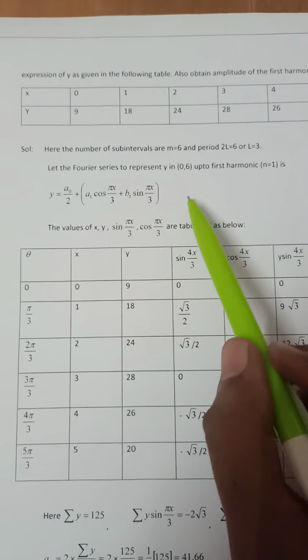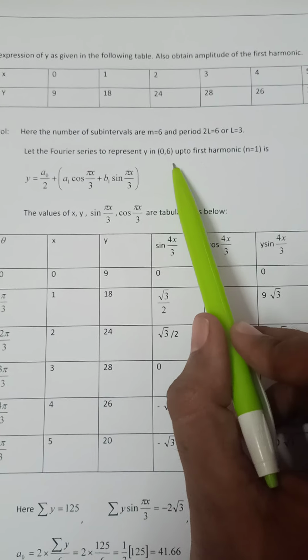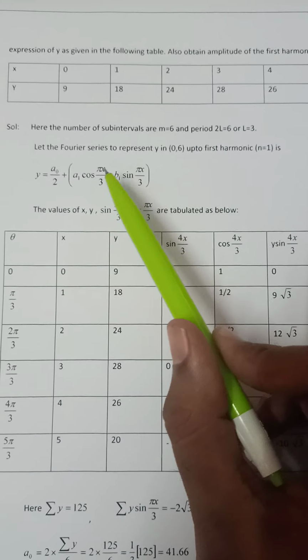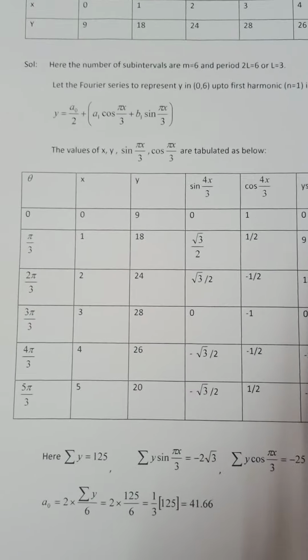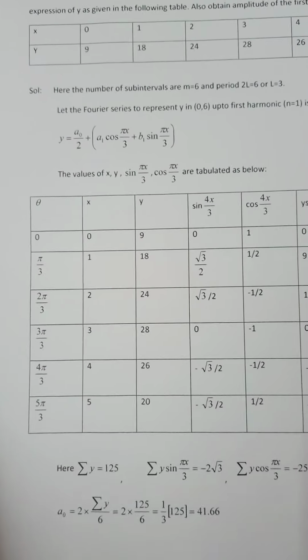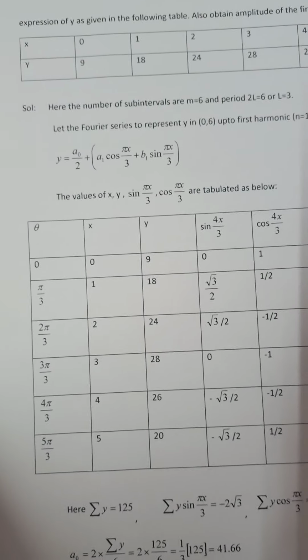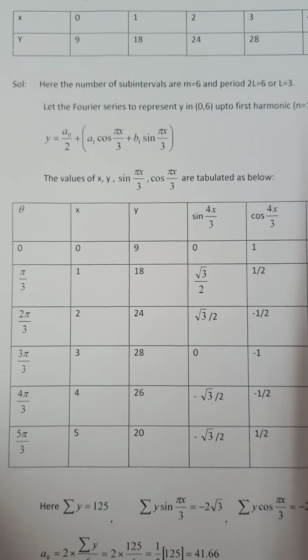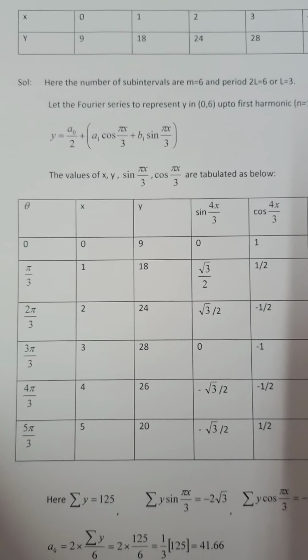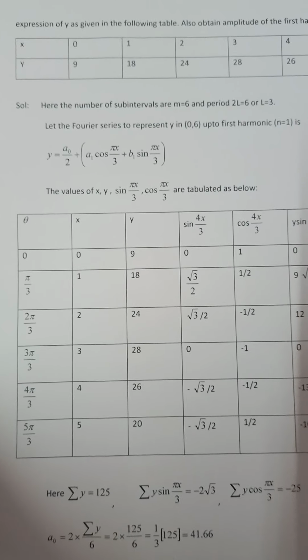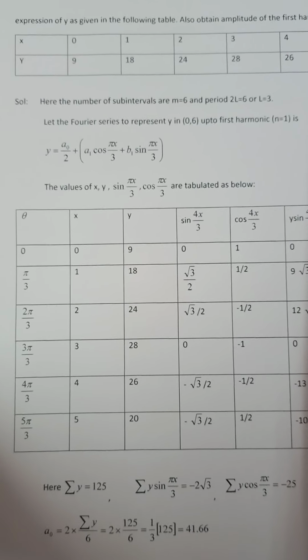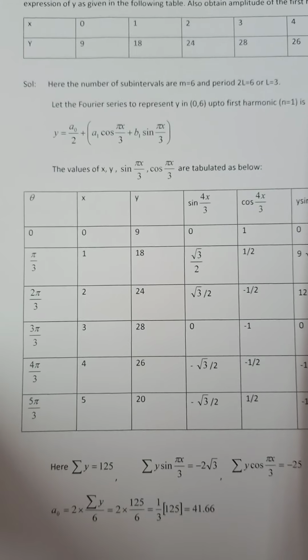Let the Fourier series to represent y in 0 to 6 up to the first harmonic be y = a0/2 + a1 cos(pi x/3) + b1 sin(pi x/3). The values of x, y, then sin(pi x/3) and cos(pi x/3) are tabulated as below.